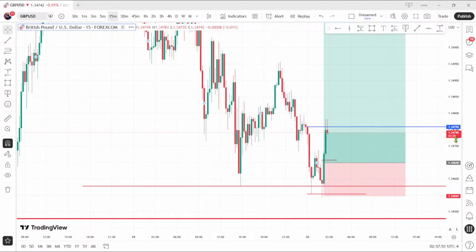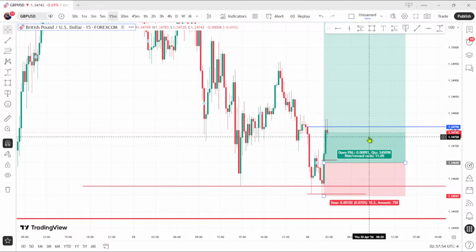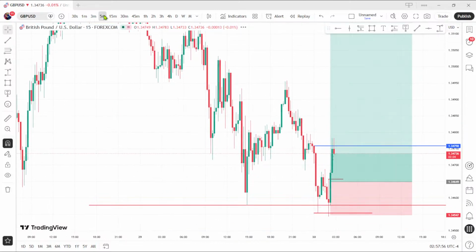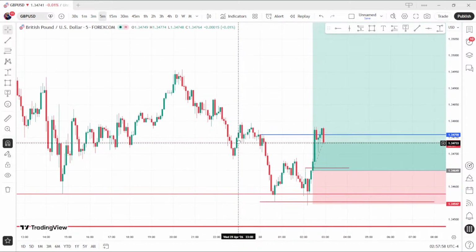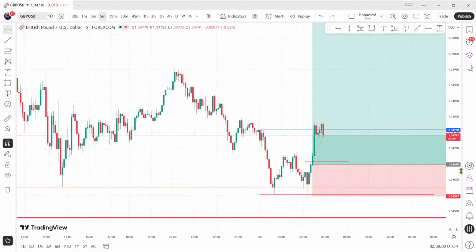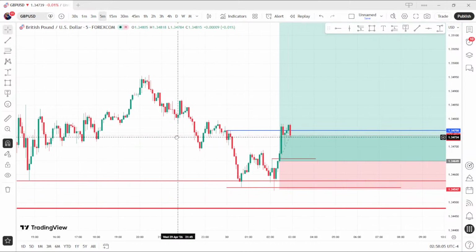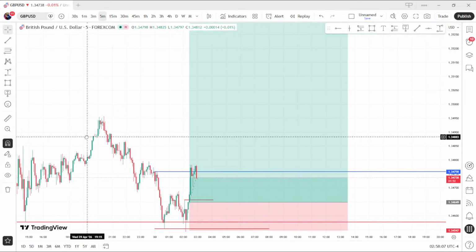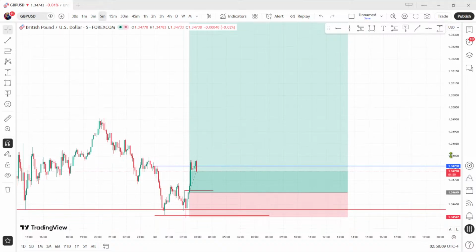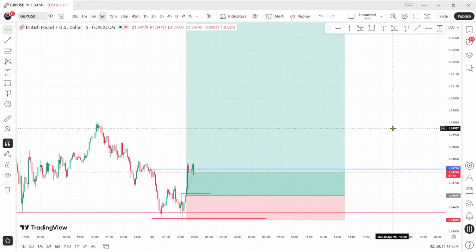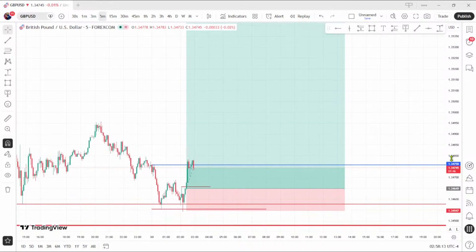After 2 minutes, price will come inside that 15-minute fair value gap, then it starts to rally. Still expecting bullish prices. Let's wait for it. Come back here after around 4.